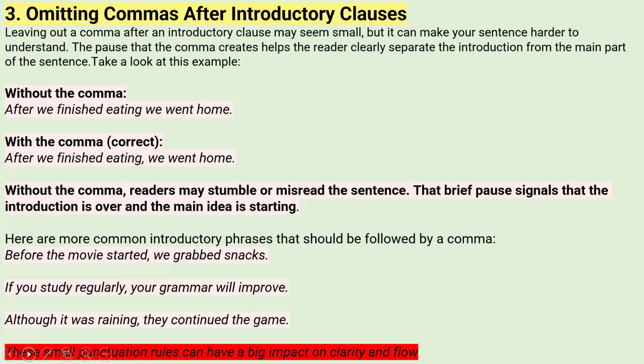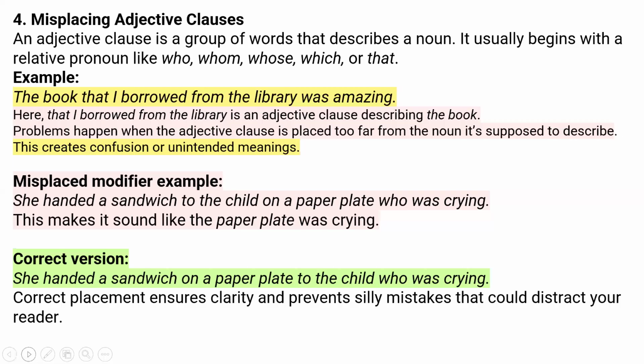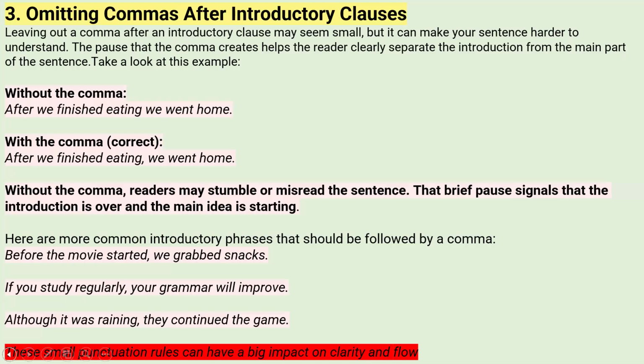So these are the rules we have to take care of. Before the movie started, we grabbed snacks. If you study regularly, your grammar will improve. Although it was raining, they continued the game. So this small punctuation rule can have a big impact on clarity and flow. So these are the rules you have to follow, without the comma and with the comma.